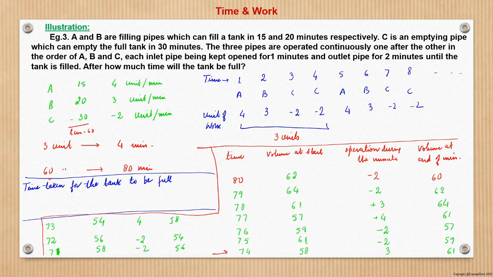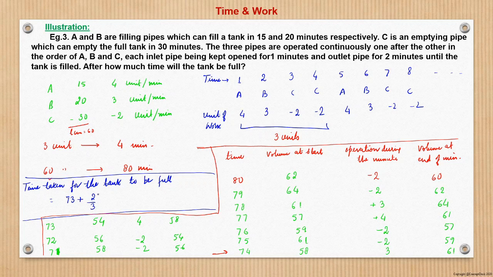So now the total time taken would be what? At the end of the 73rd minute, the work done was 58 units. So it would be 73 plus, now only 2 units of work are to be done, and the rate of doing work is 3 units per minute.